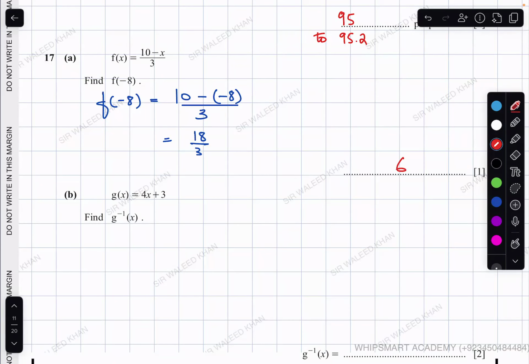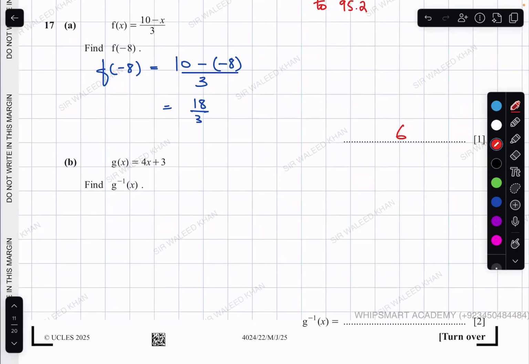Next, g inverse of x. For the inverse of it, we have some steps. We replace this g of x with y. Then the second step, make x the subject.